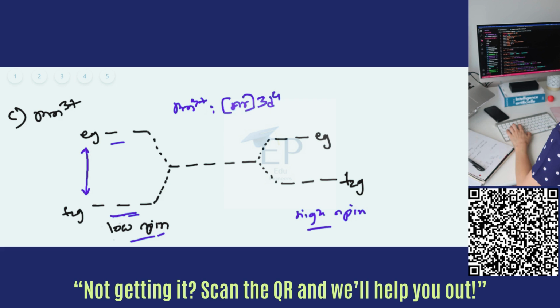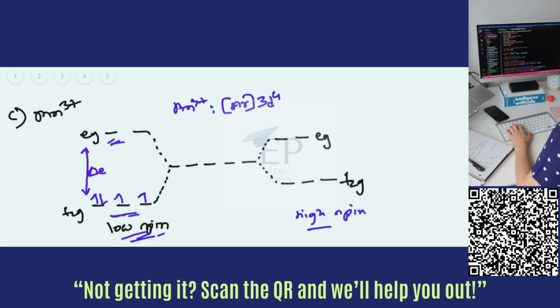So let's put our 4 electrons one at a time, and the fourth one, instead of going to the higher one, will go as the opposite spin to the lower energy state orbital, because in case of low spin the energy difference is very high. So that's how the low spin crystal field splitting for Mn3 plus looks like.